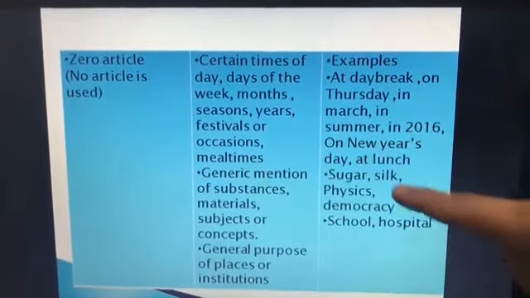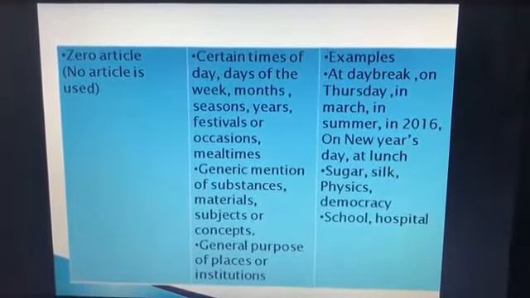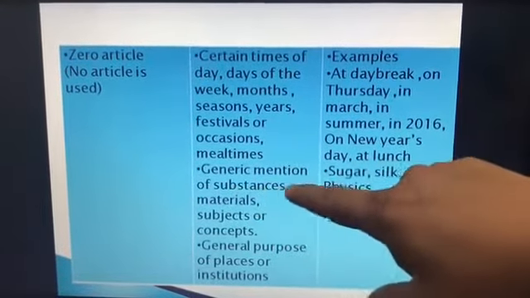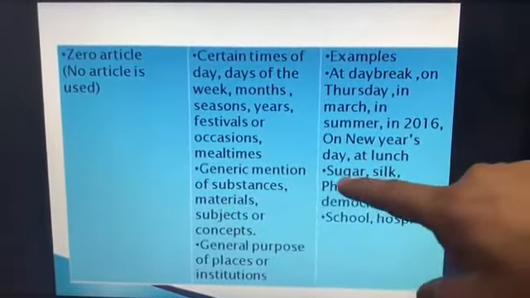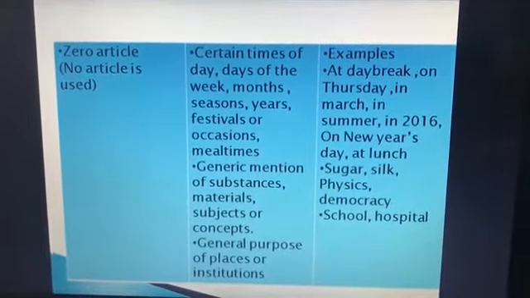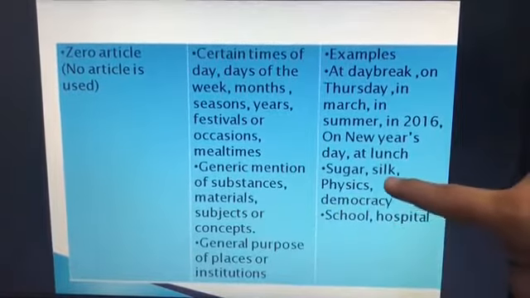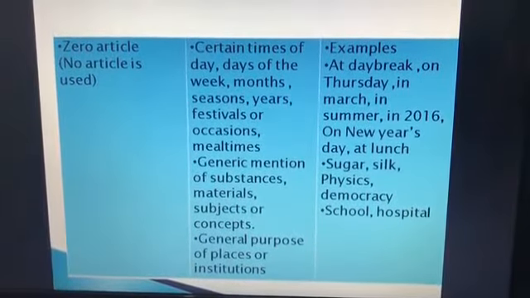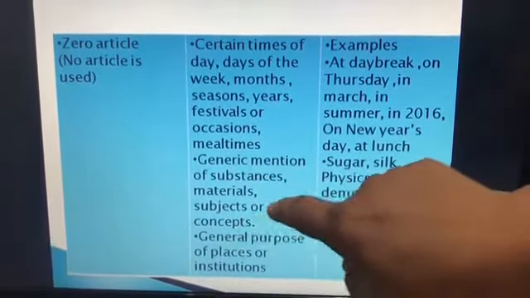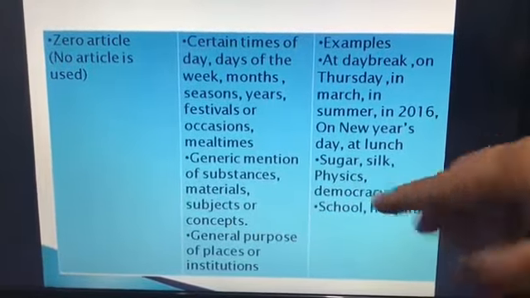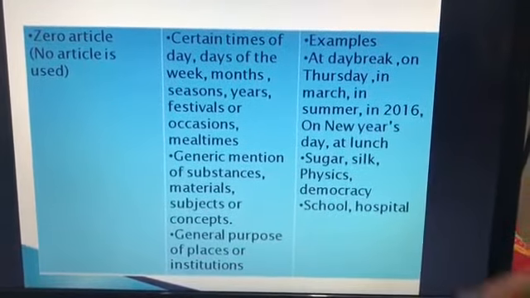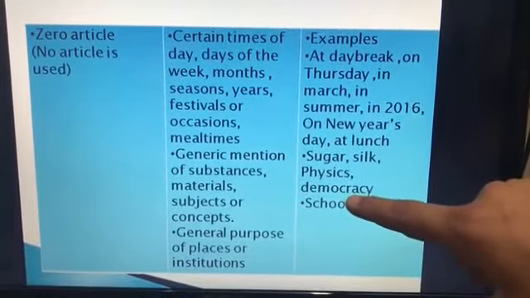Meal times, like at lunch, at dinner. Now generic mention of substances, for example sugar, salt, जो कि basic substances हैं. Then materials, for example silk, cotton, we do not use any article. Subjects or concepts, physics, chemistry, mathematics, any subject name or any concept like democracy.